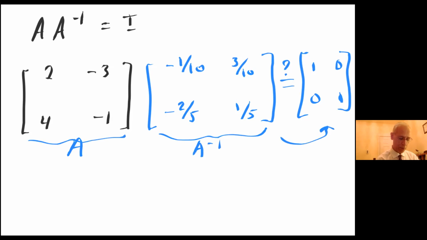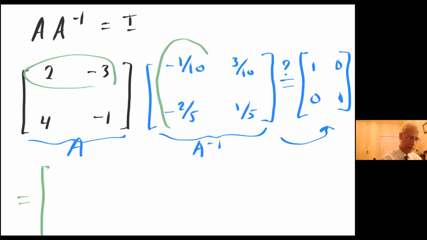So let's do the multiplication. I'm going to take this row and multiply. So 2 times -1/10 is -1/5. -3 times -2/5 is +6/5.